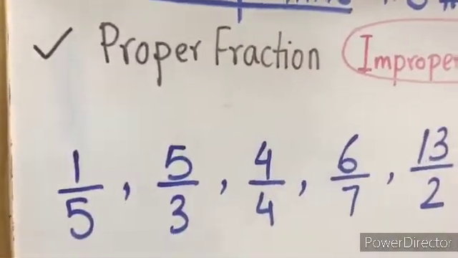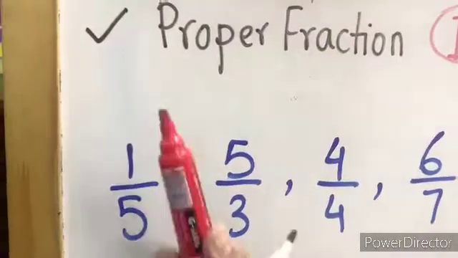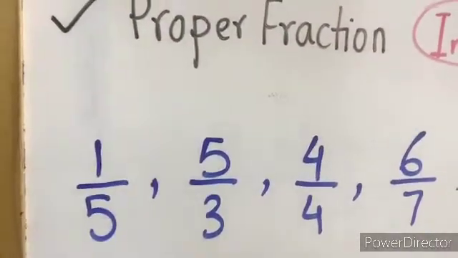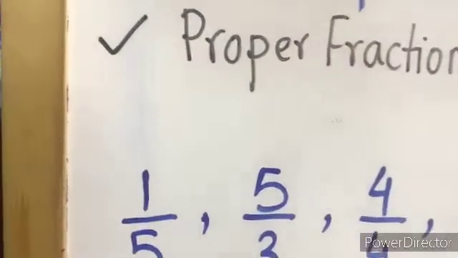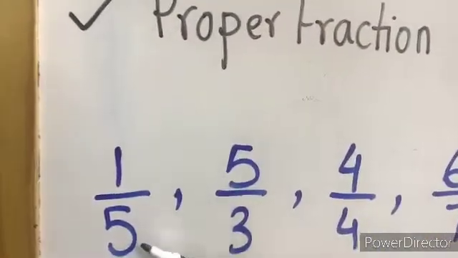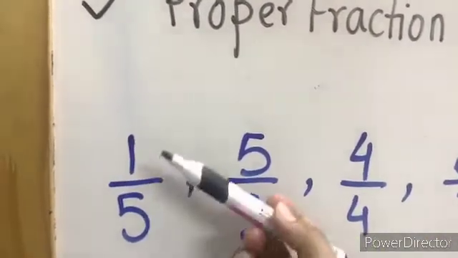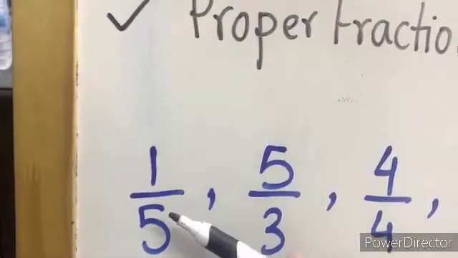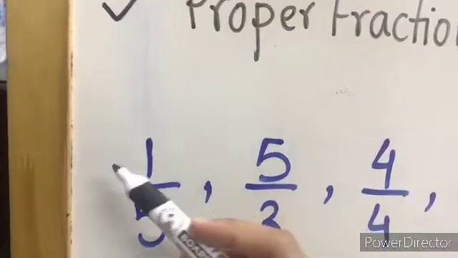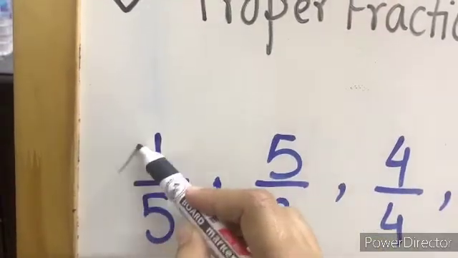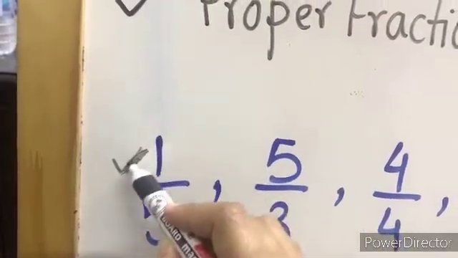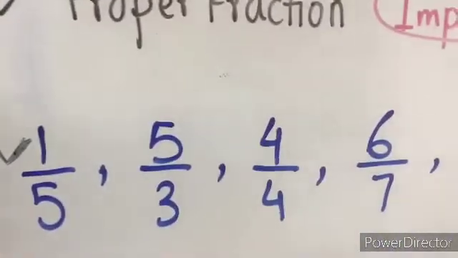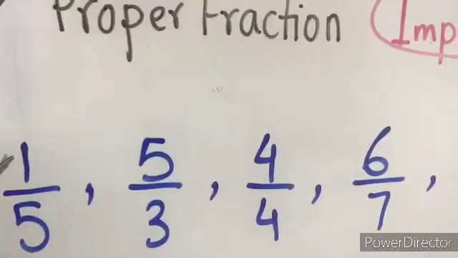You have 1 by 5. What is the numerator in this? The numerator here is 1. And what is the denominator? Denominator is 5. So 1 is lesser than 5. So you clearly know that it will come under proper fraction. So as I told you, you will check it. You will put a tick on that. Now, see the next example.